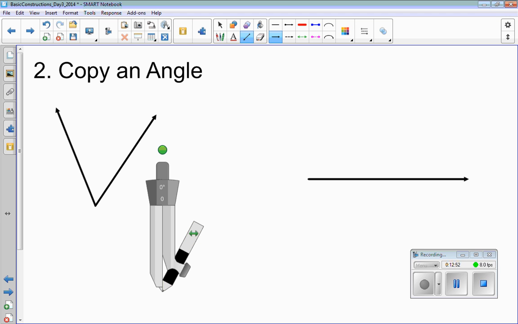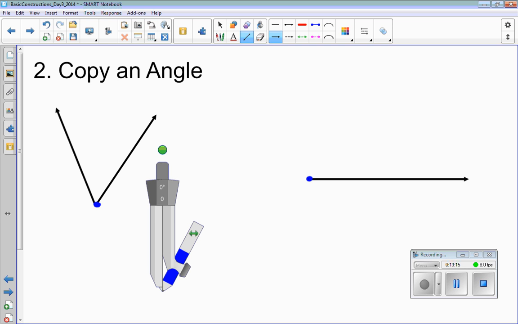What I want us to pay attention to is that this is going to be the vertex of my new angle. Just like this is the vertex of the given angle, we're going to make a ray, and we're going to copy one to the other. They're going to have the same exact degree measures. Okay?